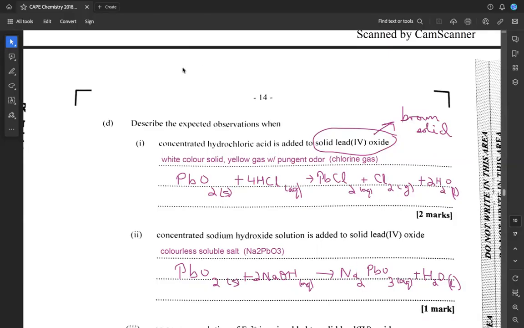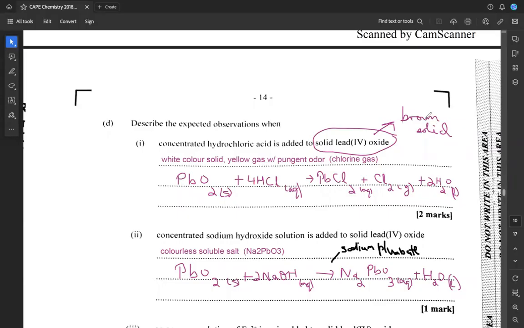This salt, they call it sodium plumbate. So let me just write that here. Plumbate. And so that salt that forms is a colorless soluble salt. Remember we said earlier that the lead oxide is originally a brown solid.